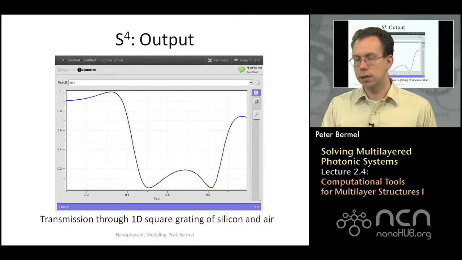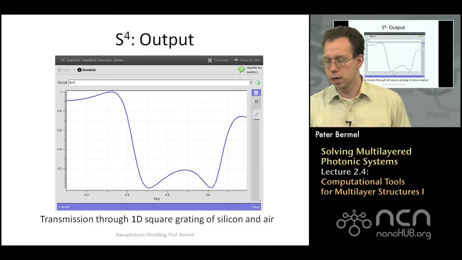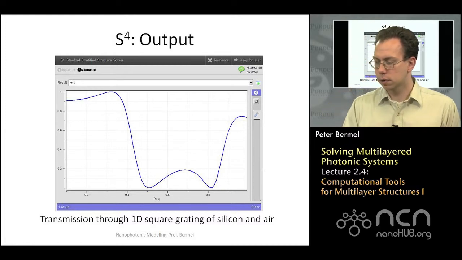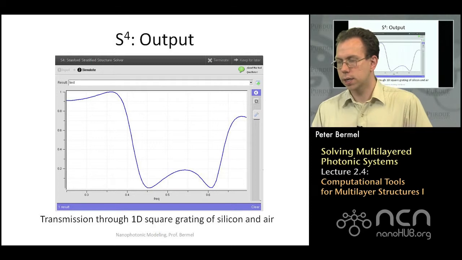Another thing that's important is, of course, to treat the more diffractive problems of gratings. If you have a 1D square grating made of silicon and air, you can expect that there will be certain resonant wavelengths, and there will be Fano resonant line shapes, which could look in general like Lorentzian or something related, in which you have very sharply defined features.